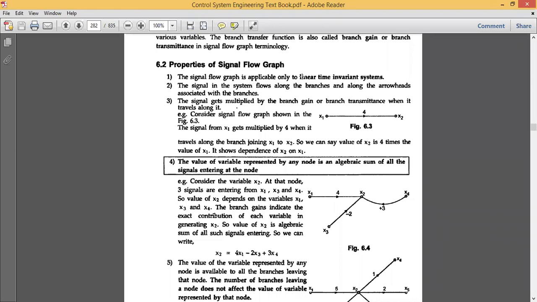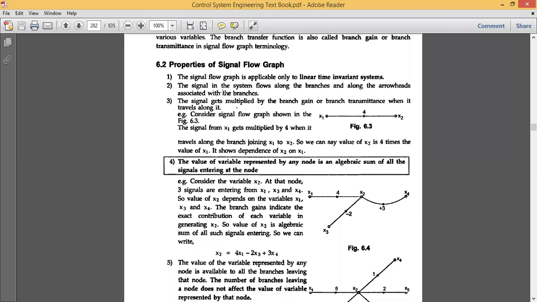You cannot apply it to non-linear systems or linear time variant systems. Then the second property states that the signal in the system flows along the branches and along the arrowheads associated with the branch.